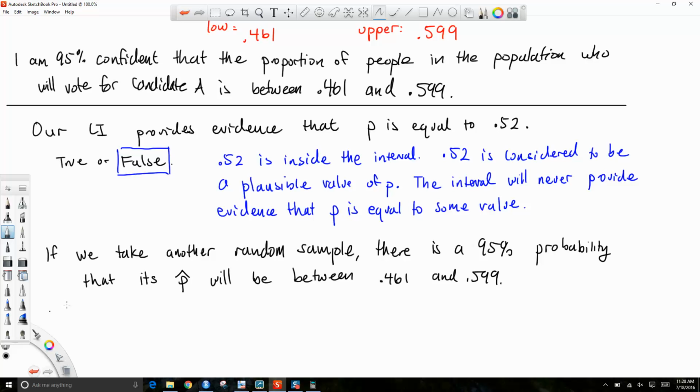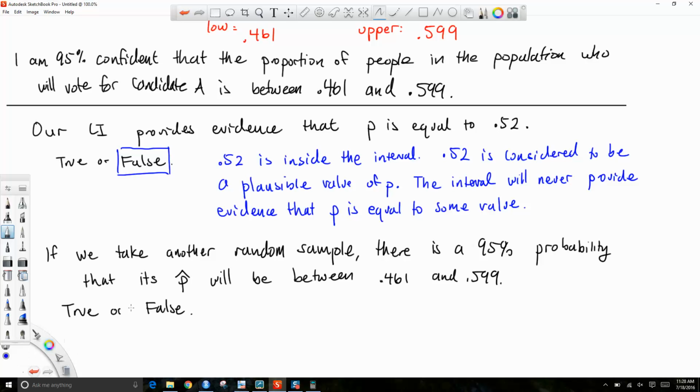Is this one true or false? If we take another random sample, there's a 95% probability that that sample's p hat will be between 0.461 and 0.599. And this one is also false.